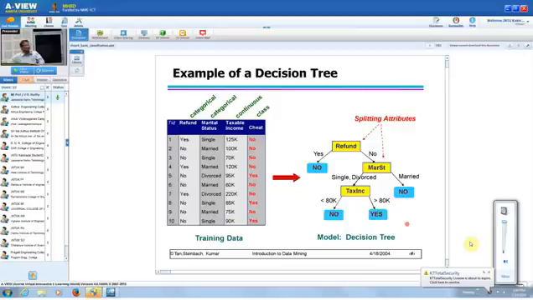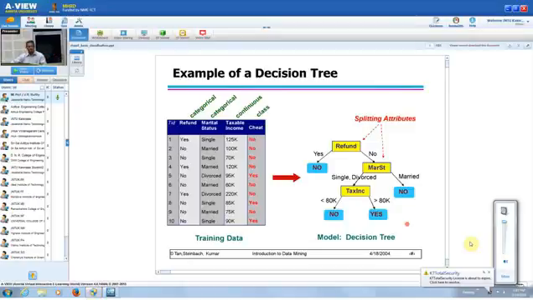Then a new record comes, let us suppose. The new record is, say, no refund, and he is divorced. His income is 55,000. He doesn't have a tax refund. Then how do you classify?